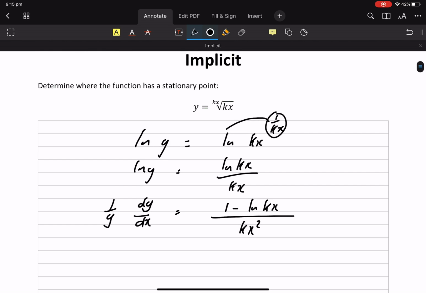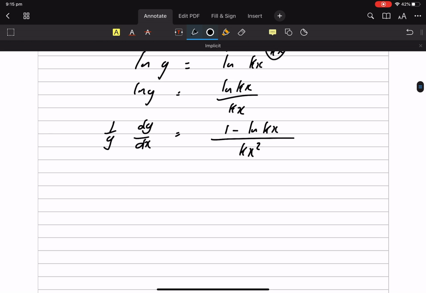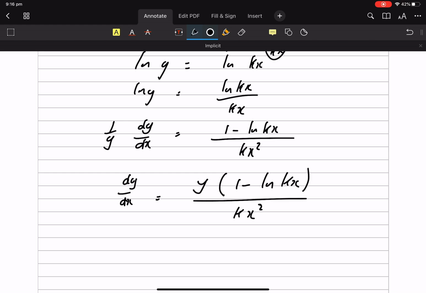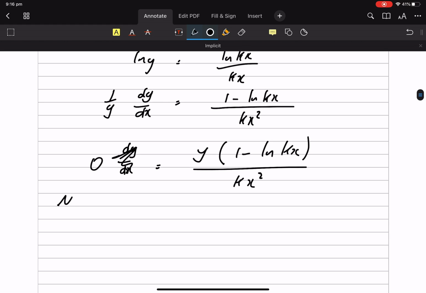We want to find whether there's a stationary point, so my derivative needs to be set to 0. We want to do that with a nice factor form. I'm going to set that equal to 0, and by my null factor law, I'm going to get y equals 0, or 1 minus log kx equals 0.